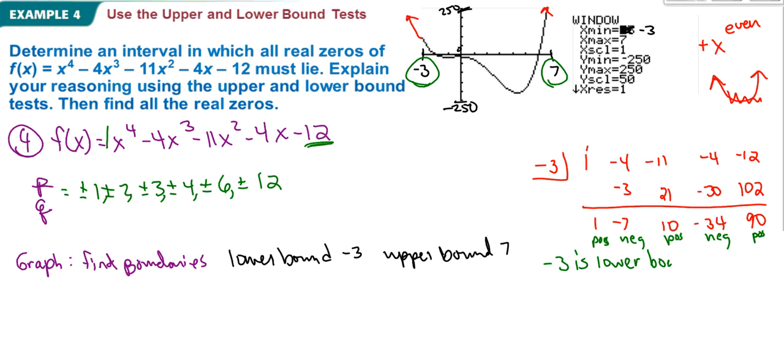I even said to myself, I could have gone further that way. But by trying -3 and doing that synthetic division, I can see that it is not going to crinkle back down and up at some point.